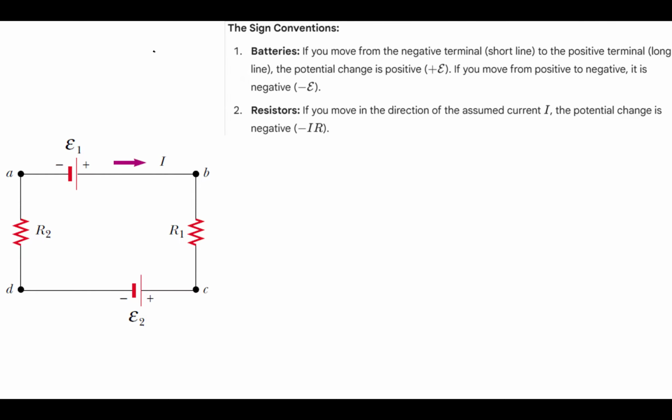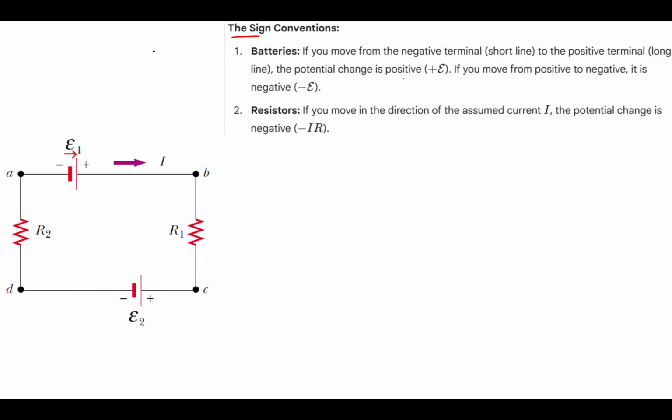When we apply Kirchhoff's rules, whether it is the junction rule, where the currents are our main concern, or the loop rule, where the voltages are the main concern, the sign is very important. In this case, the sign convention is clearly given. If you move from the negative terminal to the positive terminal, the potential change is positive.